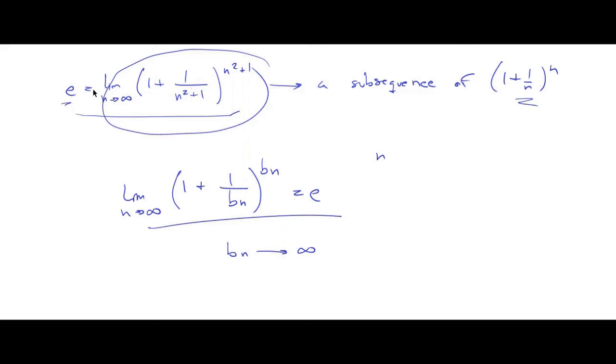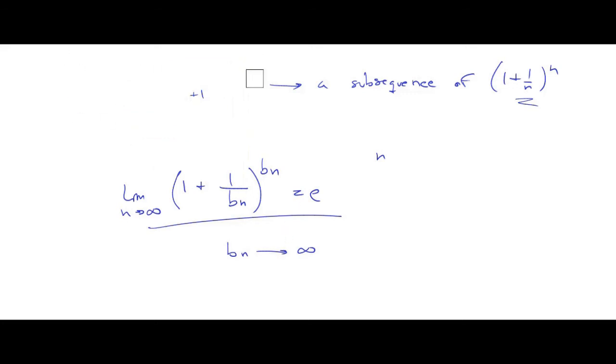Now, the limit when n goes to infinity of (1 + 1/(3n squared plus 1)) to the n squared minus 3. Let's see how to rewrite this.